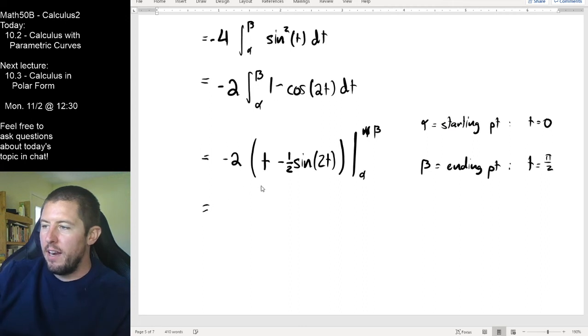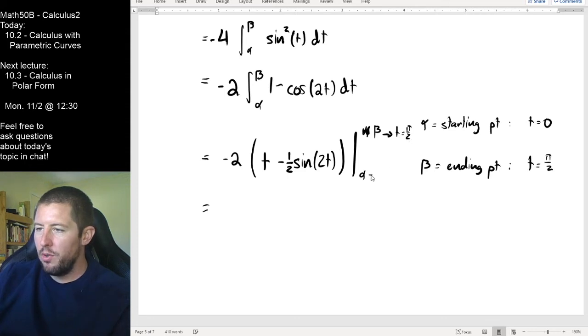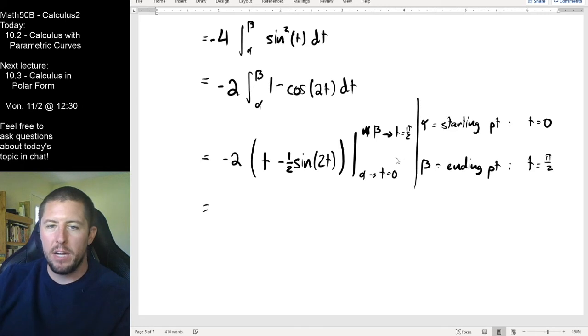So here's what I'm seeing here. I'm going to write this as t equals pi halves to t equals 0. That's going to be my actual bounds that I'm going to evaluate at. So what do we get?